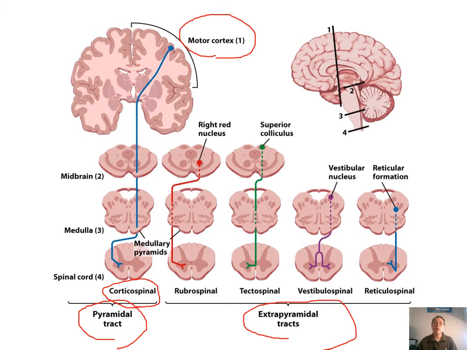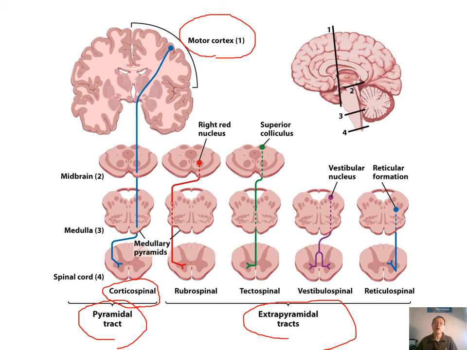And then you're probably thinking, why is it called pyramidal? Because when the corticospinal tract makes its decussation near the medulla, it forms something that looks like a pyramid. This is not the case with all of these other tracts, such as the rubrospinal tract and the tectospinal tract. They don't form part of these pyramids.